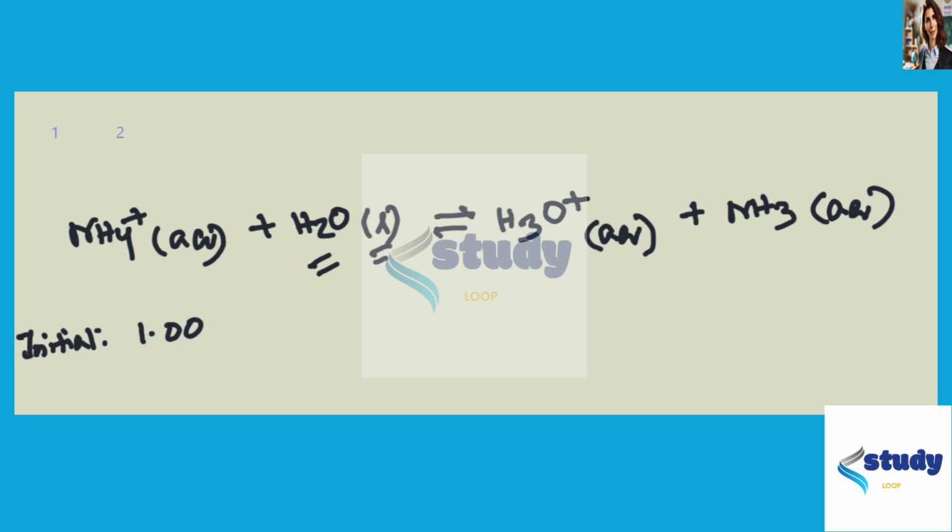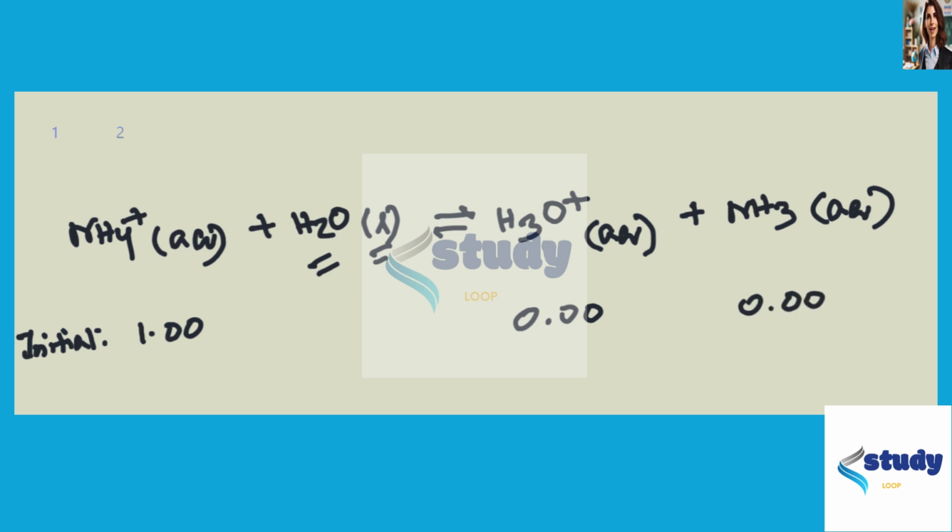And then what is our initial H3O+ concentration? Initially we don't have any NH4+ ion dissociated. That means the initial concentration for H3O+ will be 0, and also the initial concentration for ammonia will be 0.